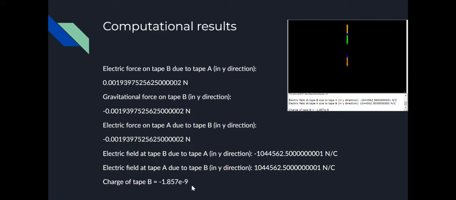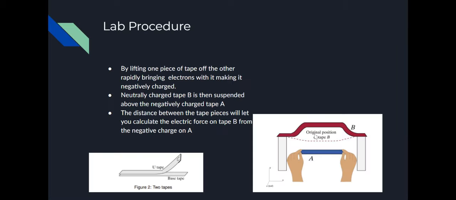So then this is what the model calculated as the charge of tape B in coulombs.